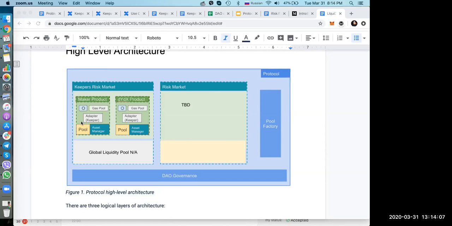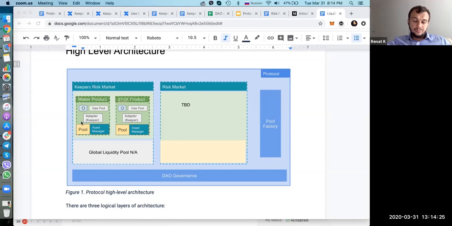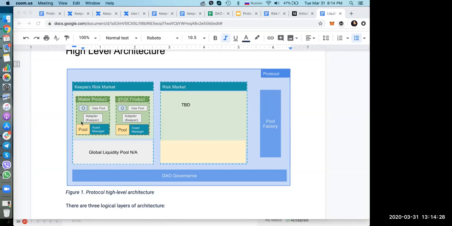The second one, there are different types of bidders that can be more successful than the current keeper. Third option, different bidding strategies can be used. And all these, I would say, ingredients make the work of a keeper. It's a kind of set of risks that can be transferred by using the risk markets.